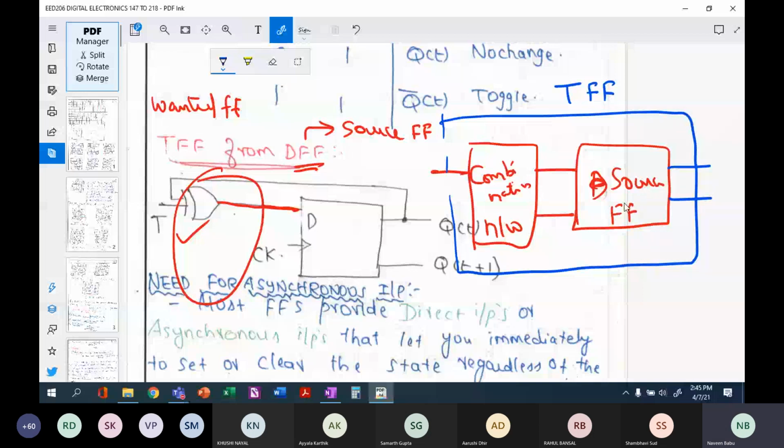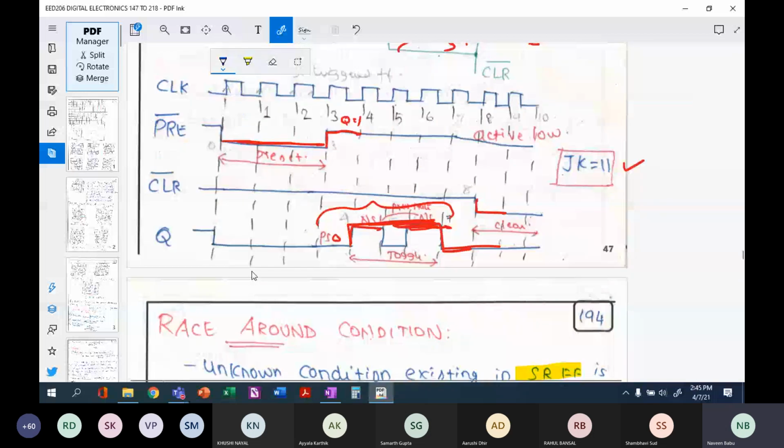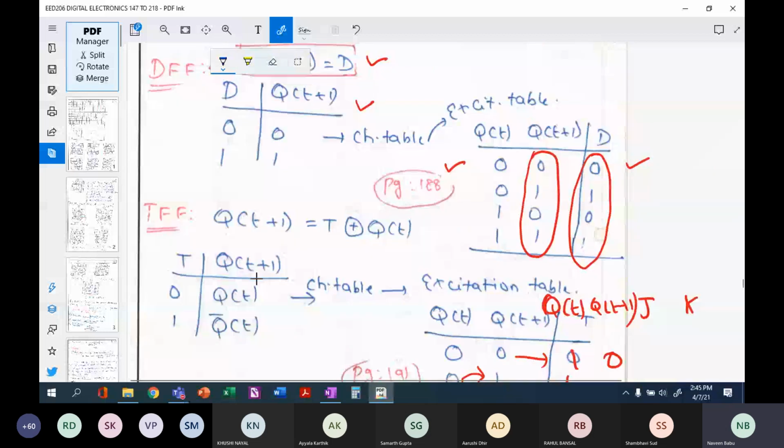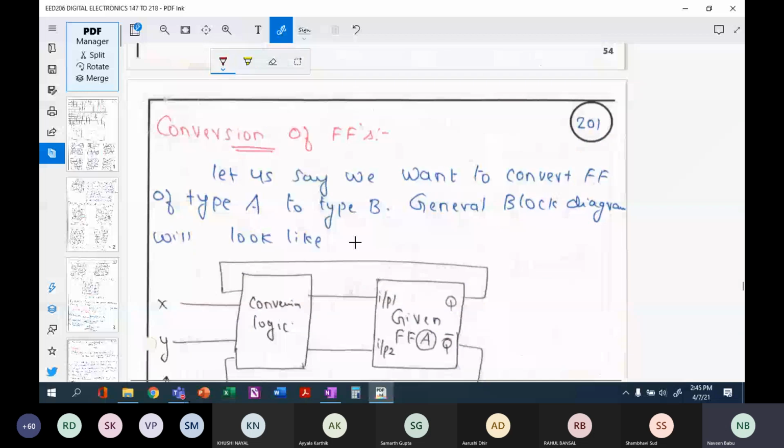So the logic behind understanding this is, if you want to convert from one flip-flop to the other, then this is how the conversion logic will look. Let us say we want to convert flip-flop type A to type B. So the general block diagram is given like this.